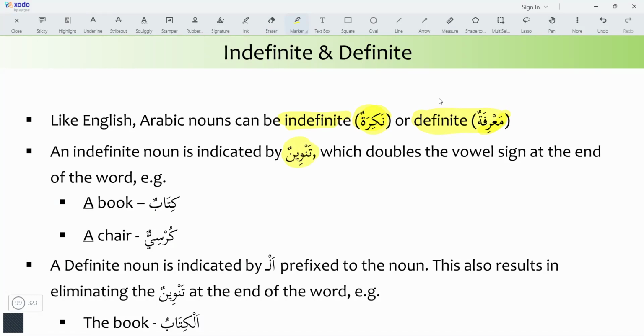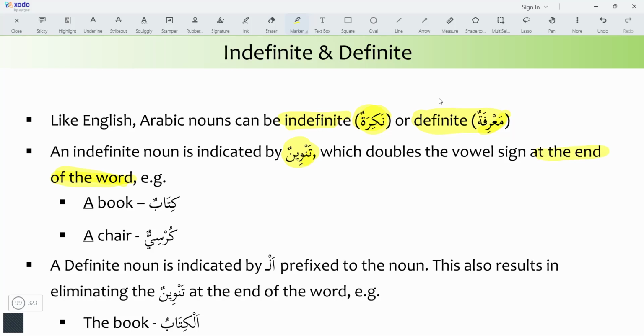An indefinite noun, ism nakira, is indicated by tanween, which is the doubling of the vowel sign at the end of the word.